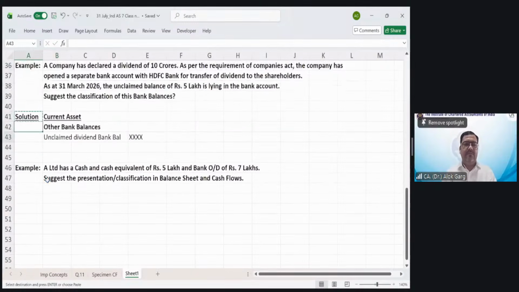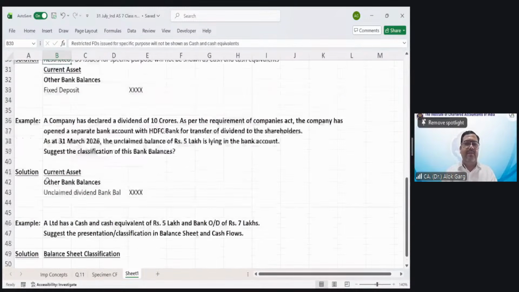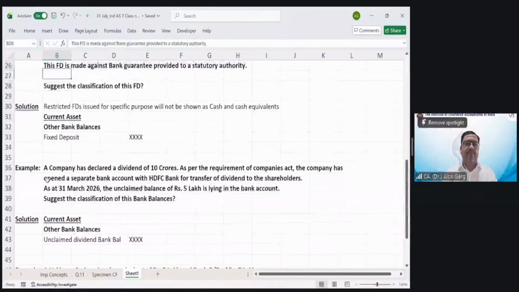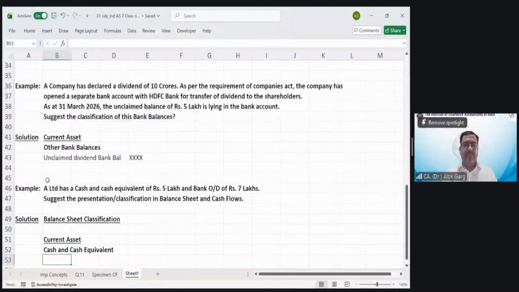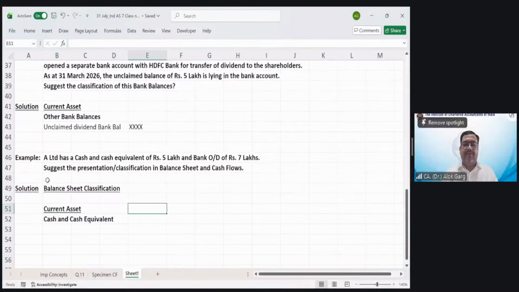Solution. Balance sheet classification. Okay. Balance sheet classification. Cash and cash equivalent 5 lakh rupee, right?